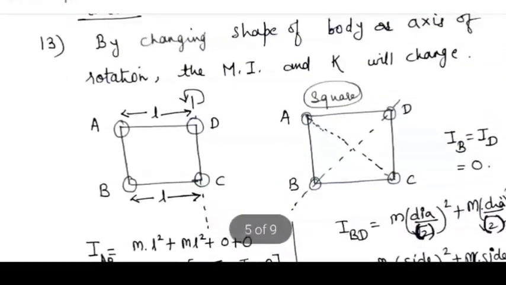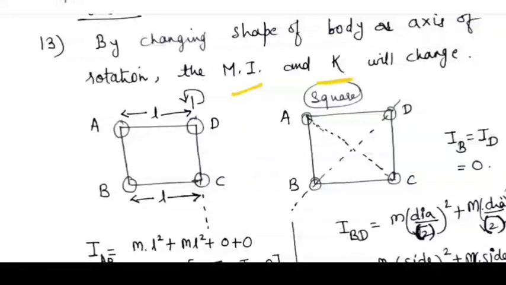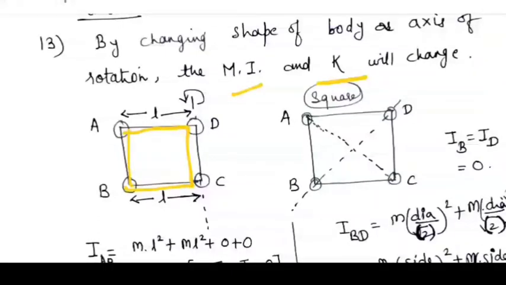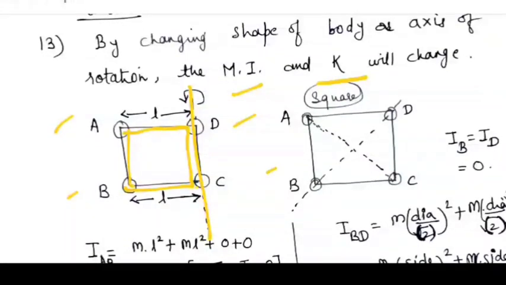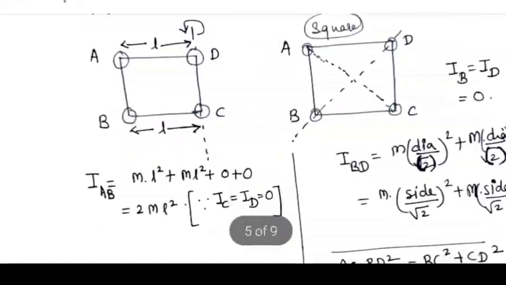Now by changing the shape of the body, we can have different moments of inertia because the radius of gyration is changing. For your convenience, I have taken the example of a square where four masses A, B, C, D are connected. When we take the axis of rotation as CD, the moment of inertia of these two particles will be 0, but the moment of inertia of A and B will give the moment of inertia of the system.